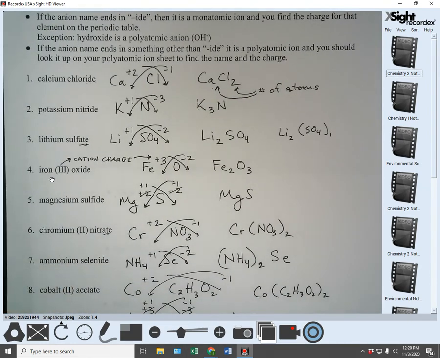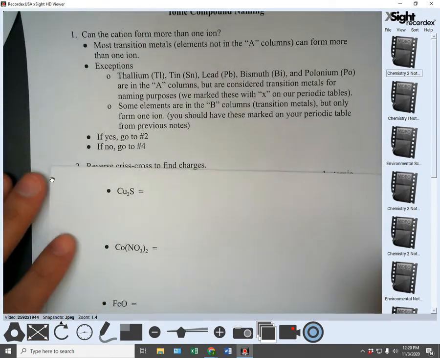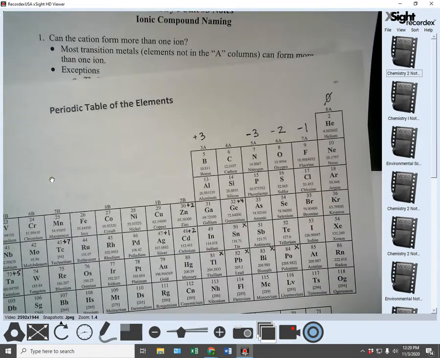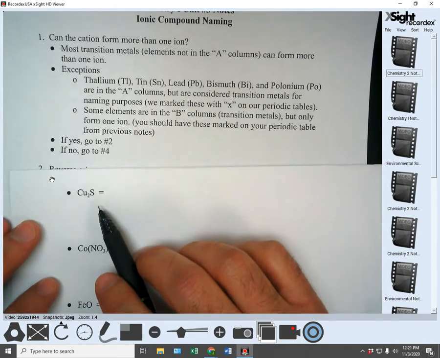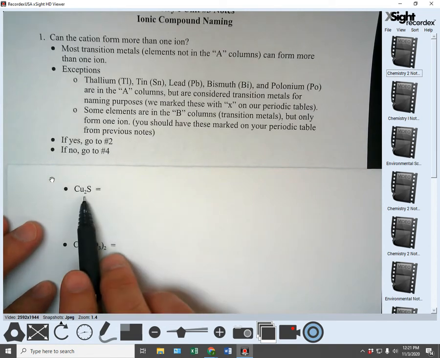Okay, so when we're going back the other way, if we have one like we do here with copper, where we can't look at the periodic table and know the charge, we have to, in the name, give a Roman numeral to tell what the positive charge should be, because there could be more than one.